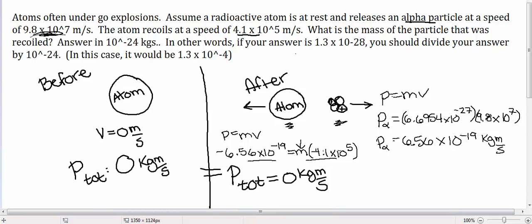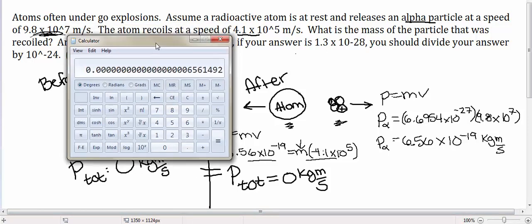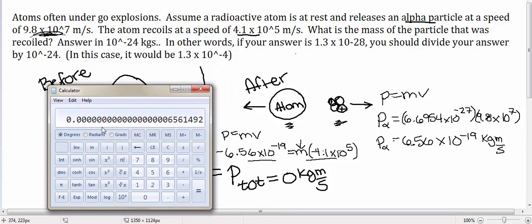Now let's watch me do this in the calculator. I've retained my momentum from the previous problem, so I'm going to leave this here. When I do my division, I'm going to make sure I again use those parentheses so that I'm dividing by the entire number and not just the 4.1. So here's the momentum divided by the velocity, which was 4.1 times 10 exponent to the 5th.